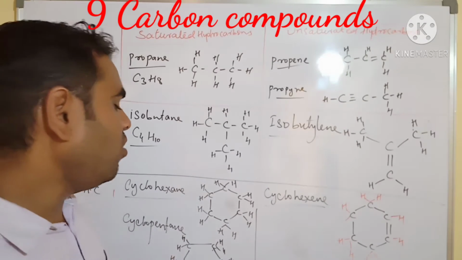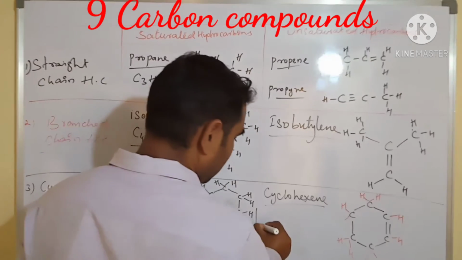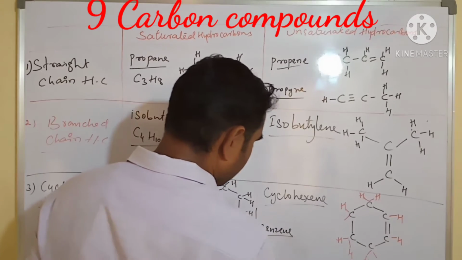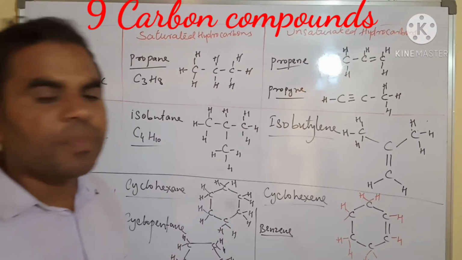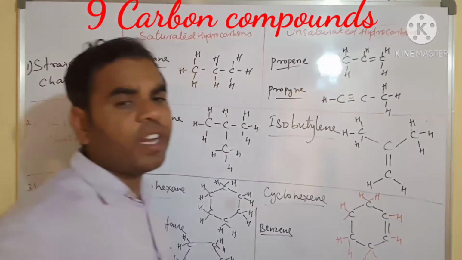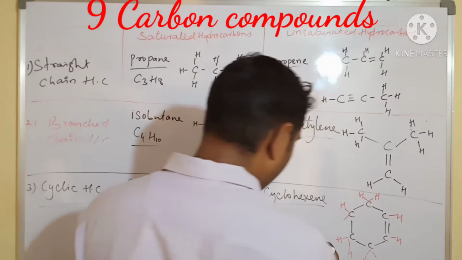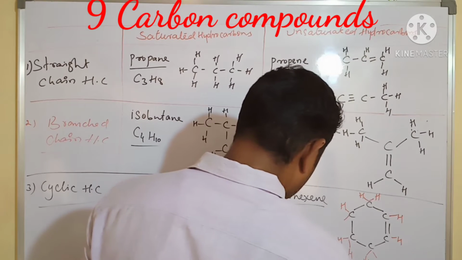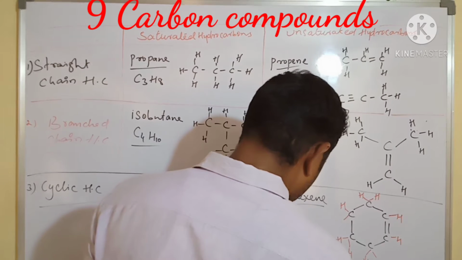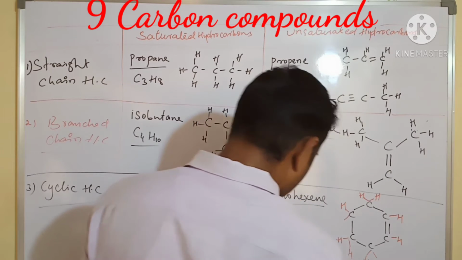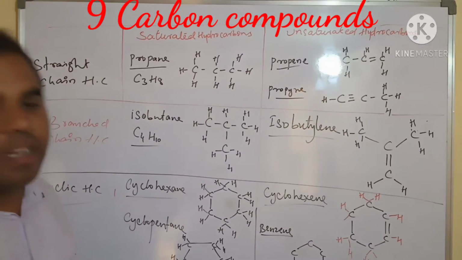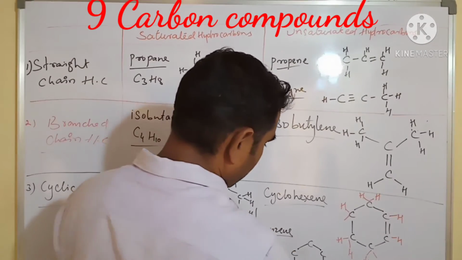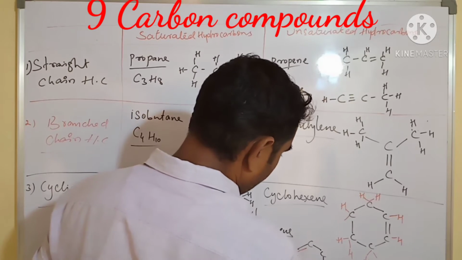Next we see benzene. The benzene structure also: benzene has alternating double bonds and single bonds. Here is a double bond, here and here.